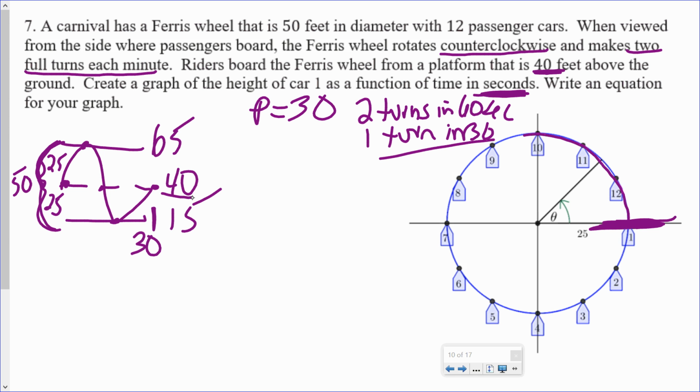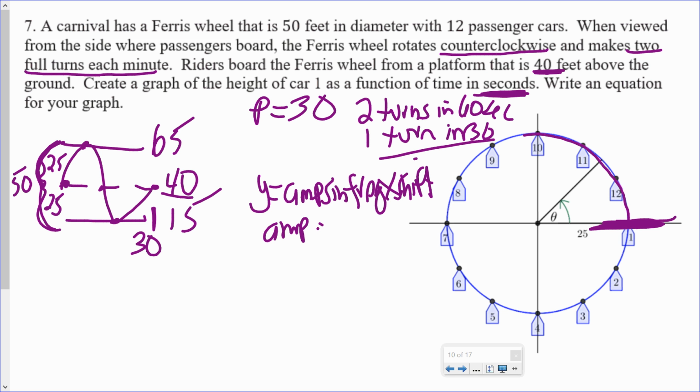So let's do the equation first, just since I have space, and then I'll go to the graph. Y equals amp sine freq x shift. My amp is 25. It's a positive sine.